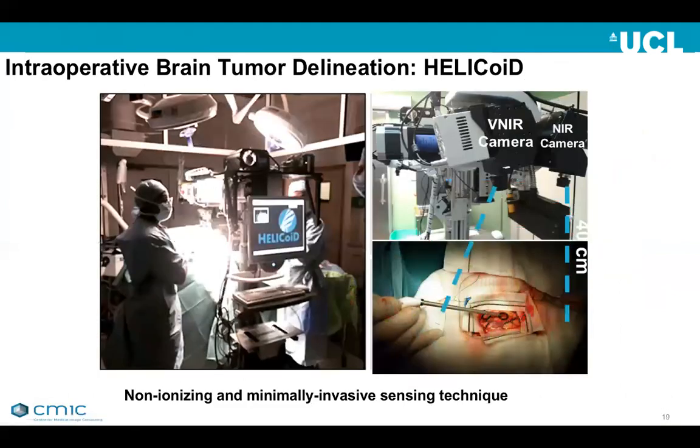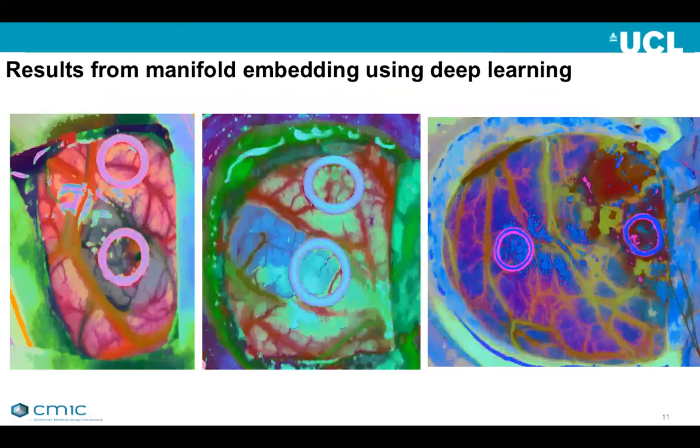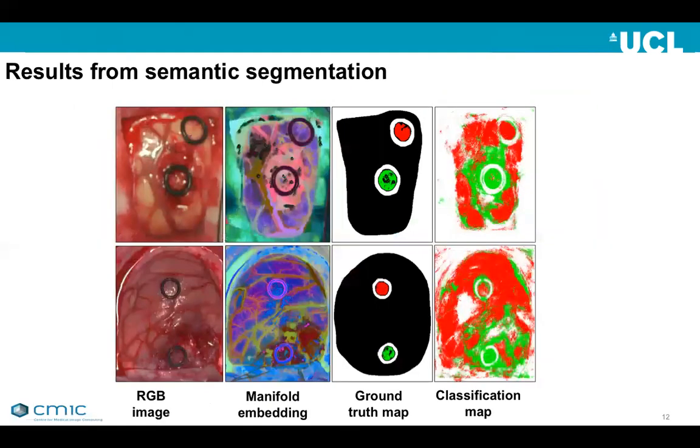This is the setup of our device that was brought inside the theater, and during the resection of the brain tumor, we were able to show in real time the segmentation map. These are the results from the compression of the image, and as you can see, the images show a lot of details such as vessels or the area of the tumor. After this, we can perform semantic segmentation to create the classification map.